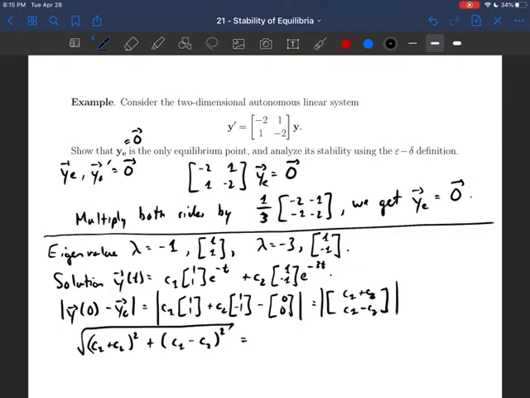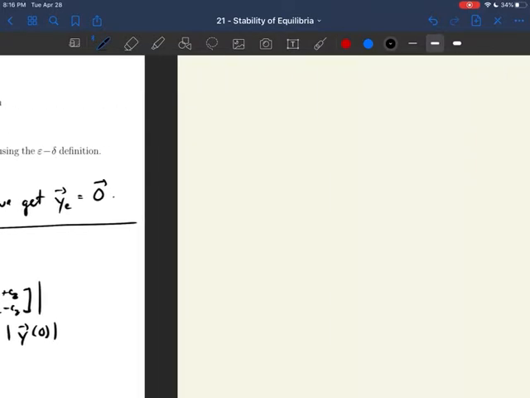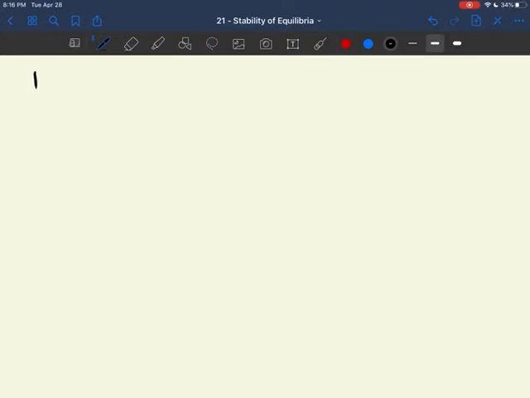Now, if you recall, the magnitude of a vector is given by its Euclidean distance, so this would be the square root of C1 plus C2, the first component, squared, plus the second component, C1 minus C2, squared. All right, so you multiply that out, get a little bit of cancellation, and what you'll find is that you have the square root of 2 C1 squared plus C2 squared. All right, we're just going to save that up. That's equal to the magnitude of y of 0.